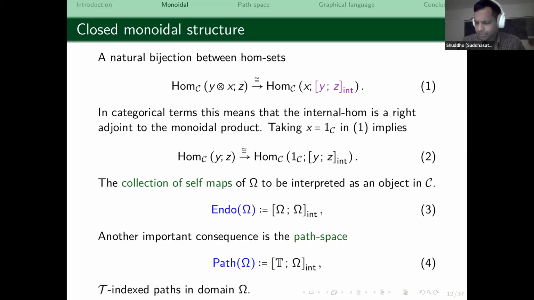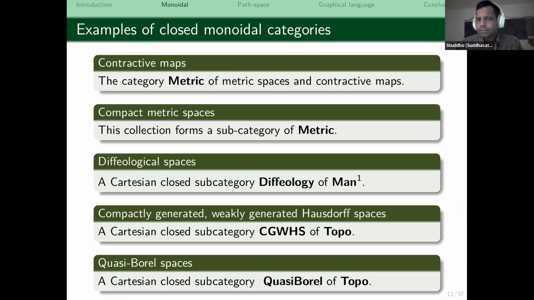I'll wrap up by saying that the idea of studying dynamical systems as a functor from time semigroup into a closed monoidal category has been a relatively recent idea, and there are some obstacles. Not every category allows a closed monoidal structure.